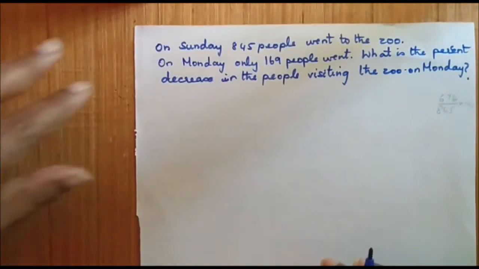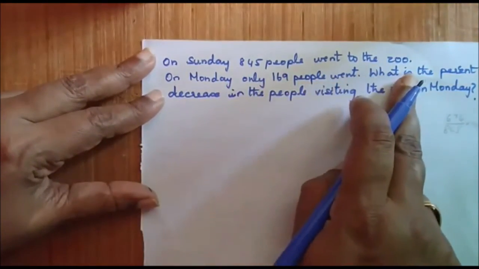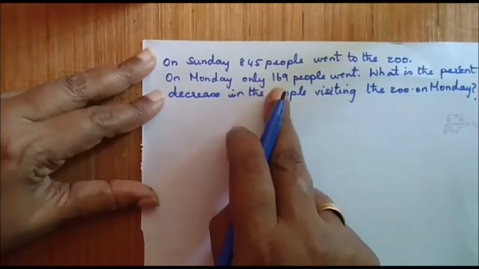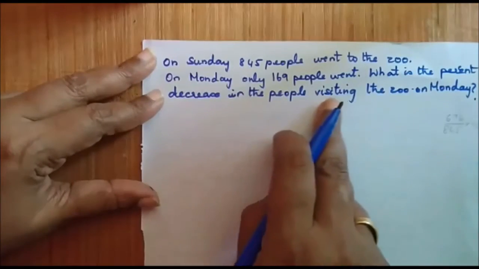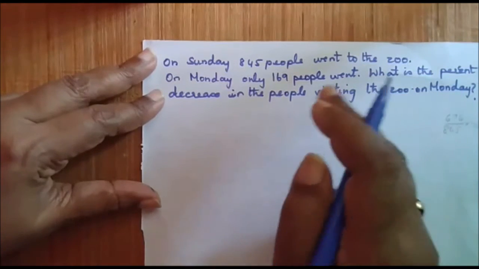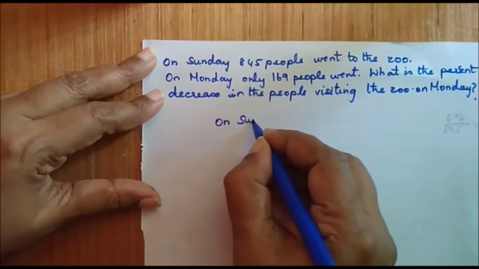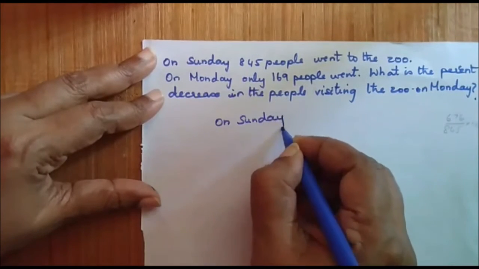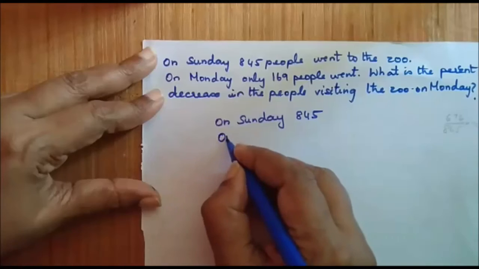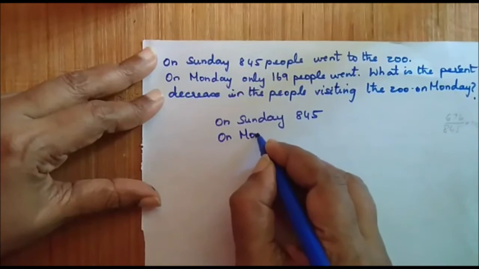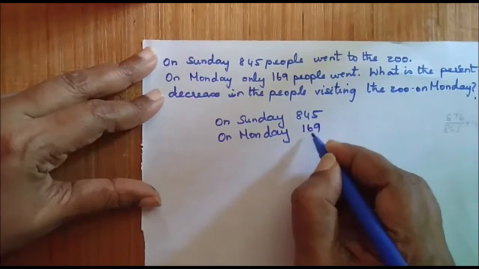Now, on Sunday, 845 people went to the zoo. On Monday, only 169 went. What is the percent decrease in the people visiting the zoo on Monday? Therefore, on Sunday, how many people went? On Sunday, 845 people went to the zoo. On Monday, how many people went? On Monday, 169 people went.